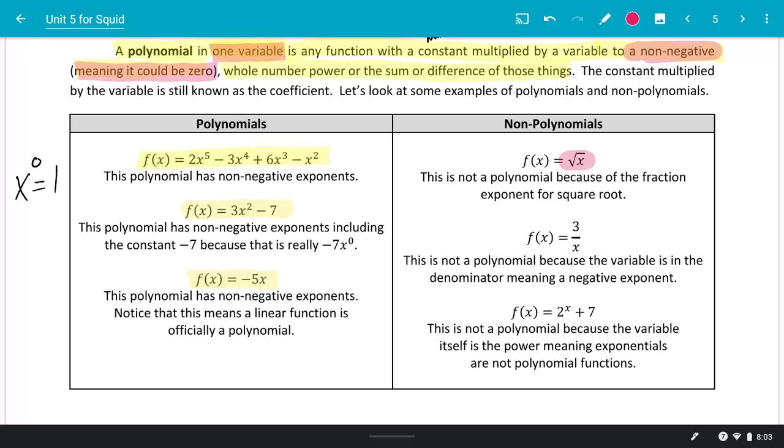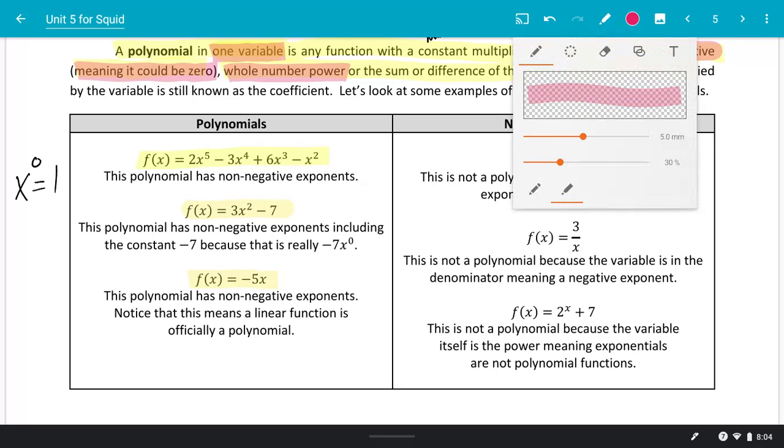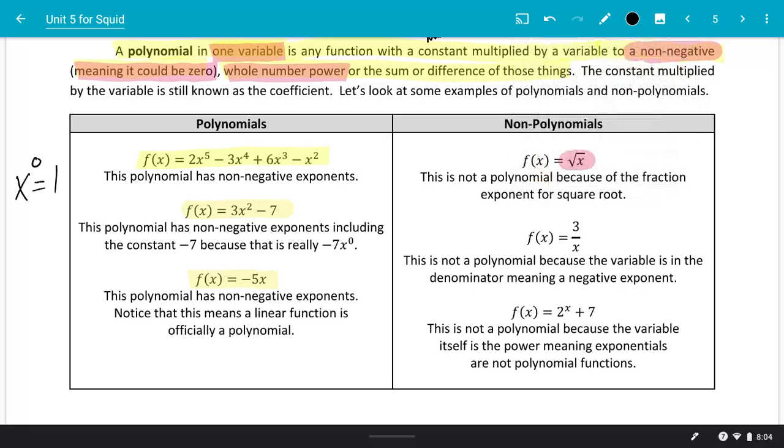The square root of x. Why would that be? Well, here's why. This part that I haven't highlighted yet. It's got to be a whole number power. What are you talking about, Coach Herman? Well, remember, we talked about this just ever so slightly. This could be rewritten as x to the 1/2 power.